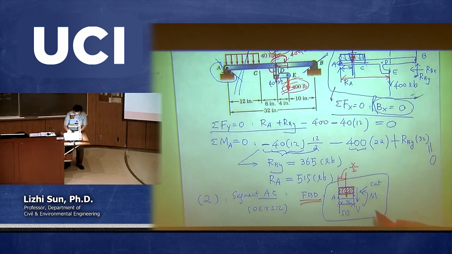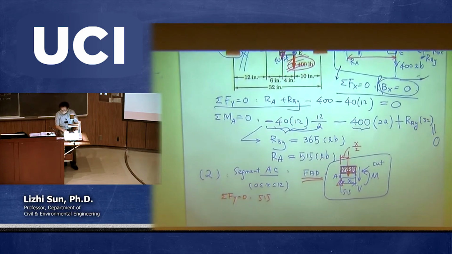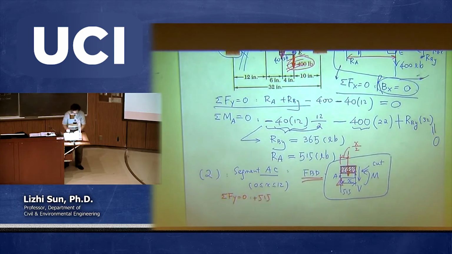Okay? From this free body diagram, first of all, I'm going to collect all the forces in the y direction and set equal to 0. So there's a force 515 going up, and then I have a shear going down, that's called V. And then I have this virtual concentrated load due to the uniform distributed load.